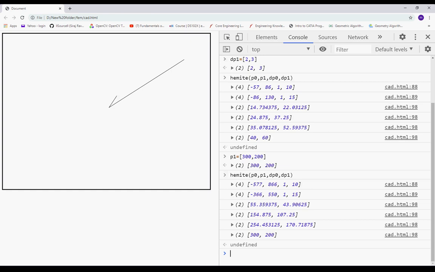So there must be some problem in the line command.